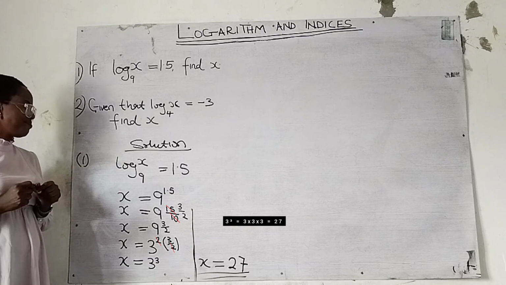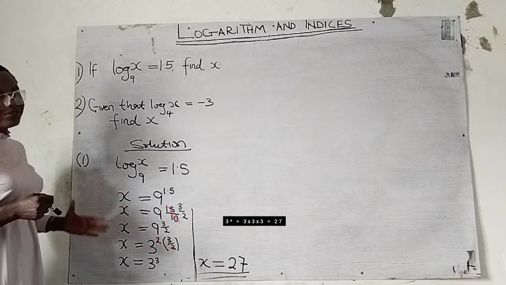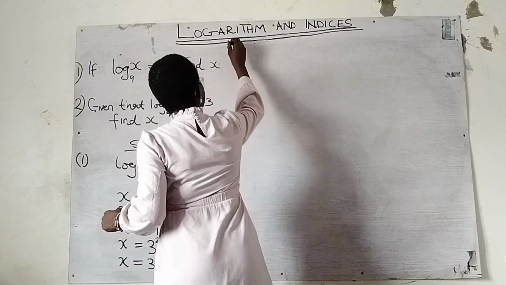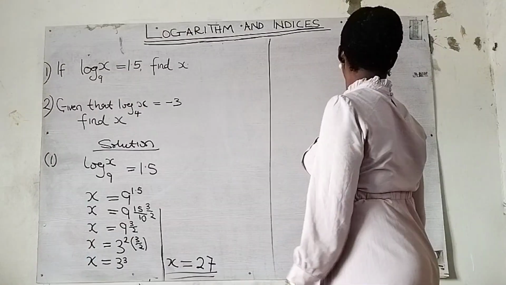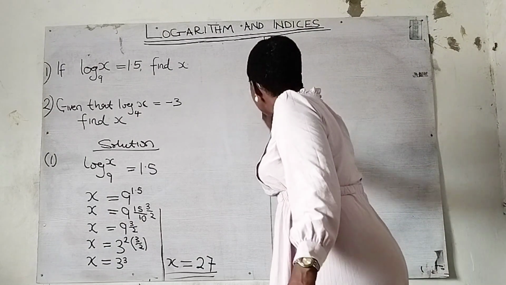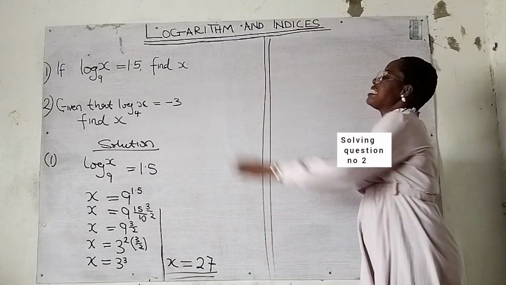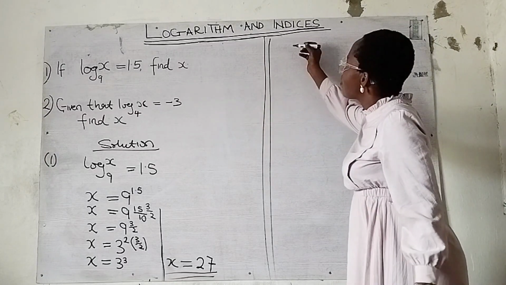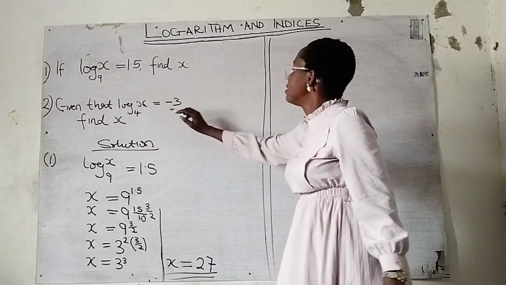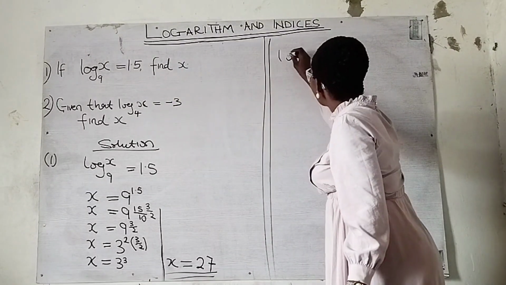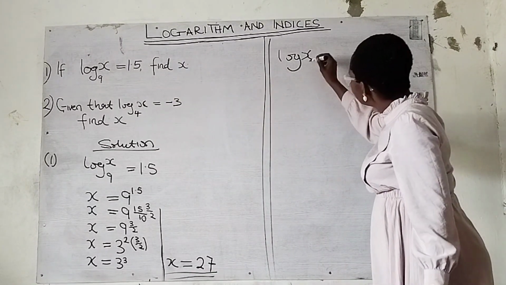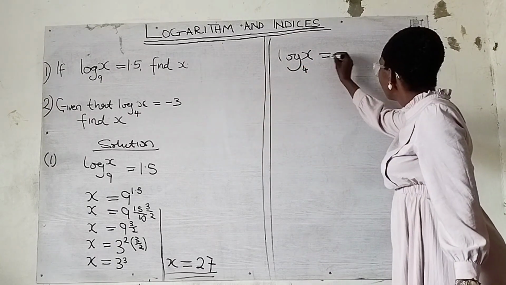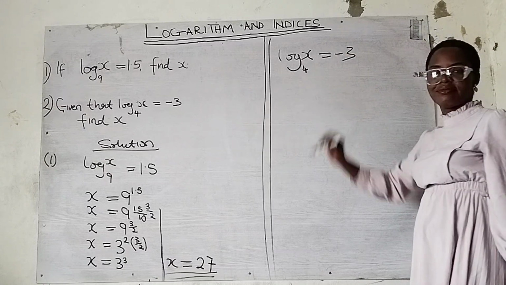You understand? It's a very simple one. Let's solve number 2 on this other side. I write it out. Number 2 says log x to base 4 is equals to minus 3.